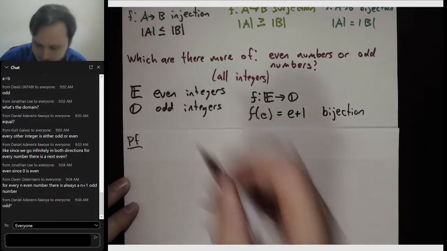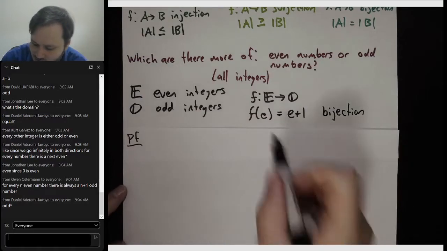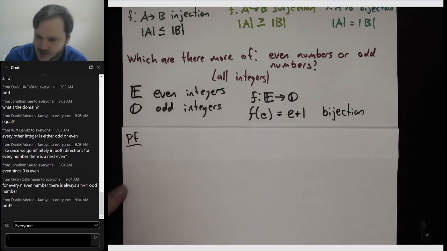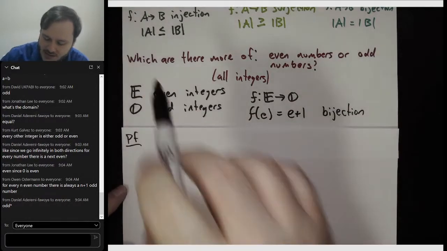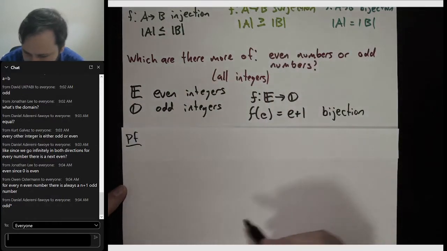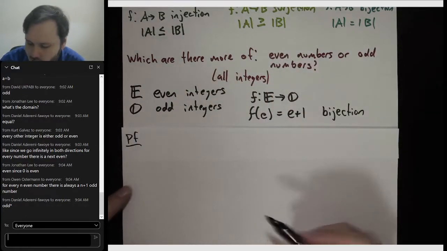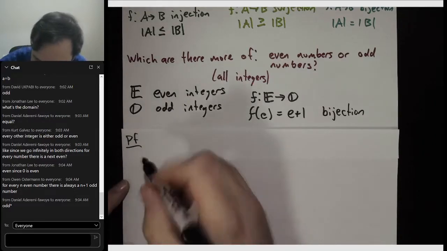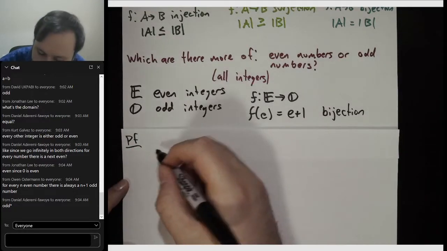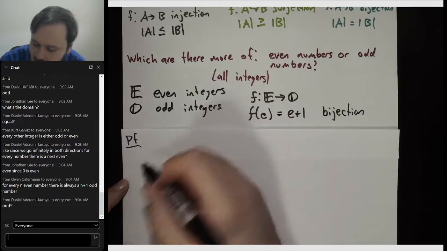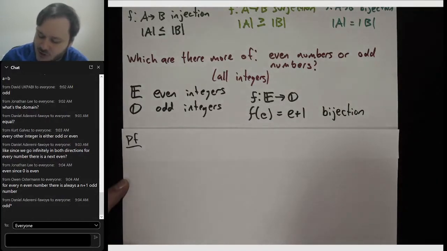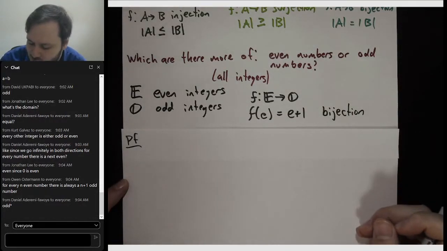Proof. In order to show that this is a bijection, I need to show two things. I need to show that it's an injection and a surjection. So let's start with an injection. To show it's an injection, I need to show I can't have two even numbers mapped to the same value.